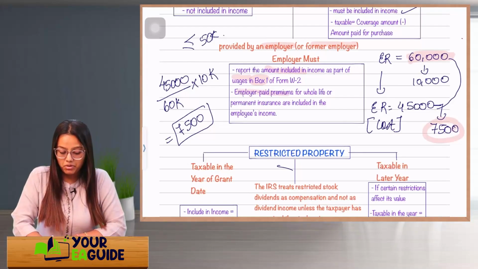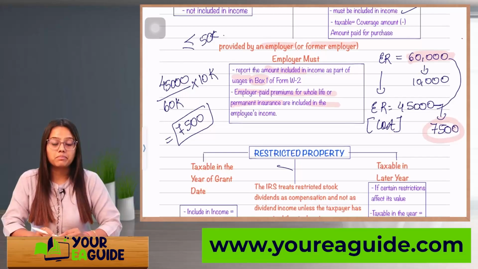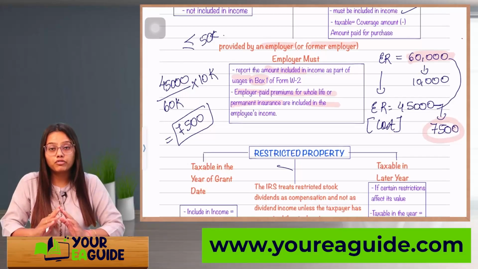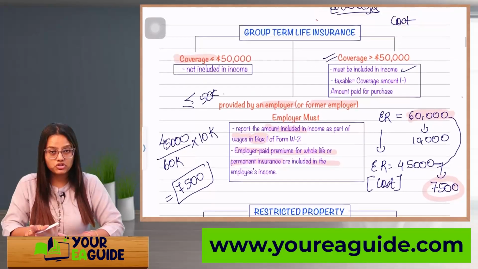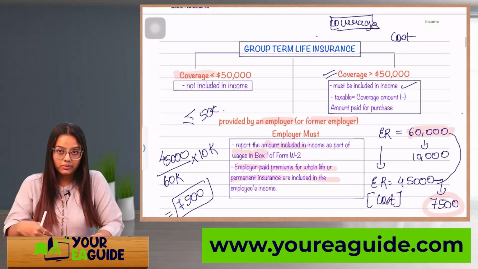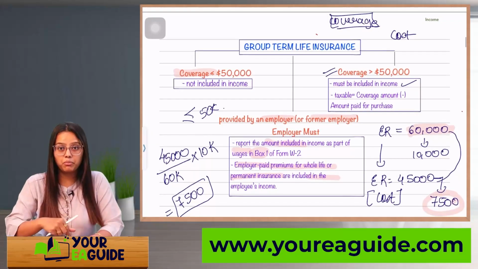Okay. Now employer-paid premiums for whole life or permanent insurance are included in the employee's income. See, there are two types of insurance. Some policies last only while the person is working with the employer, in the name of the employer only.